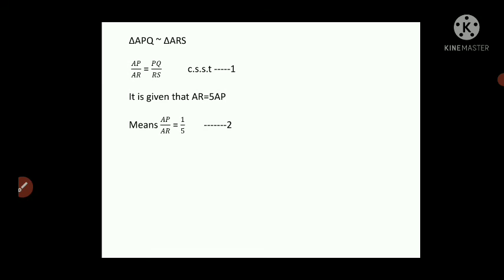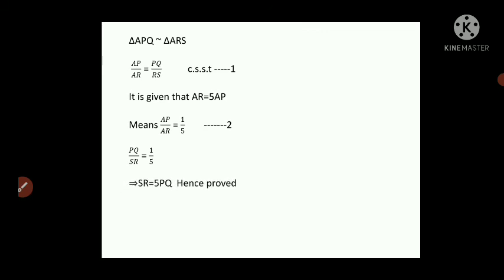So from 1, PQ upon RS I will write as it is, and in place of AP upon AR I will substitute 1 upon 5. When I cross multiply, SR into 1 will be SR and 5 into PQ will be 5 PQ. So that means SR is 5 times the PQ.